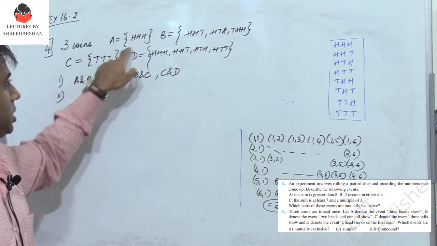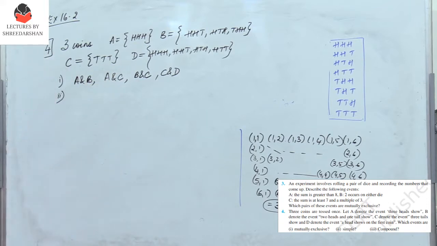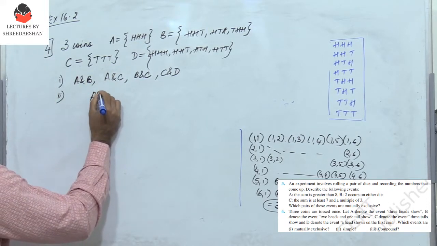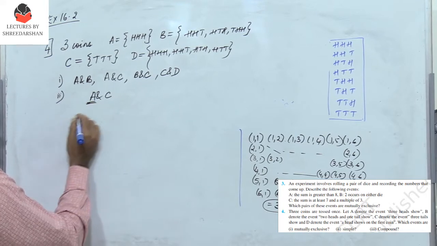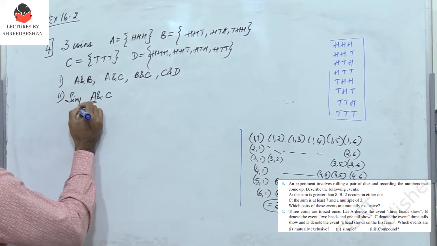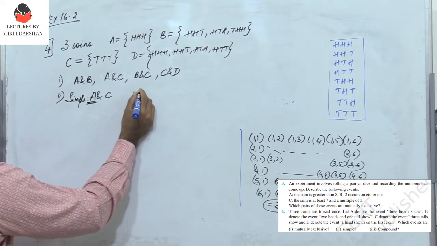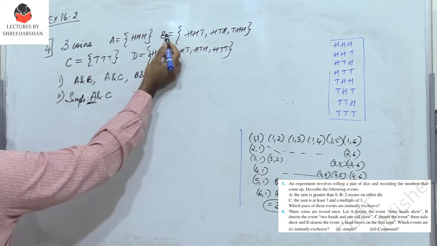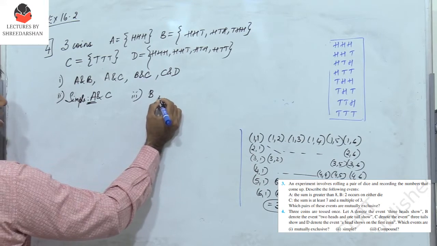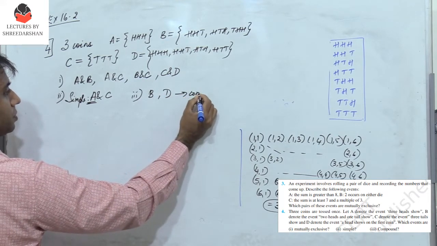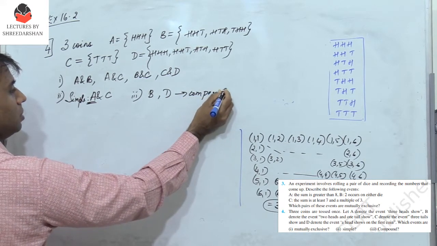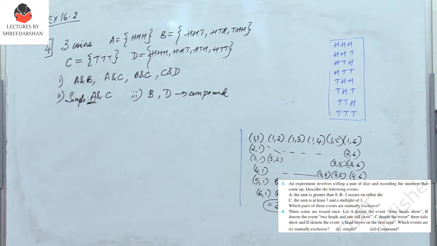So that is event A and event C. So A and C are simple events. Third one, compound. Definitely B and D are compound events. Why is it compound? Because you have more than one outcome occurring.